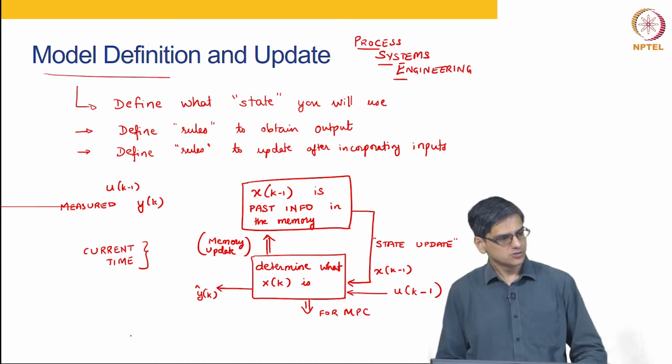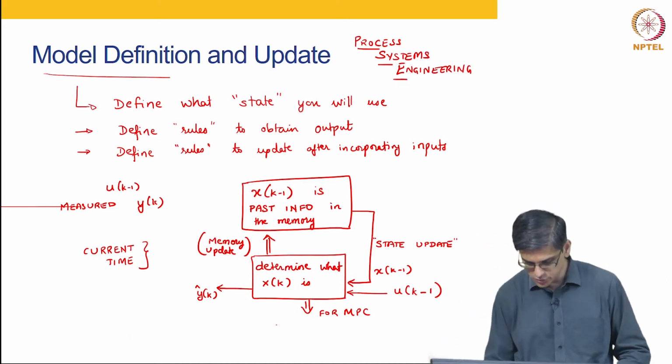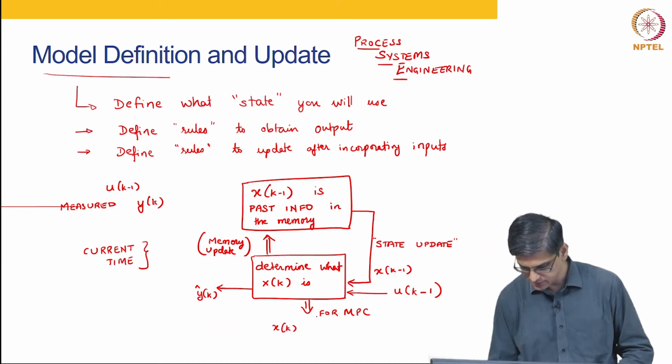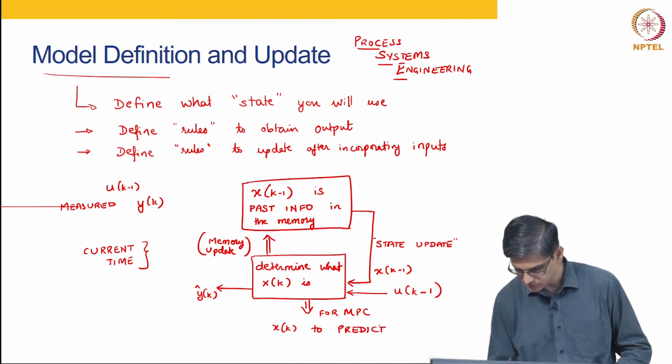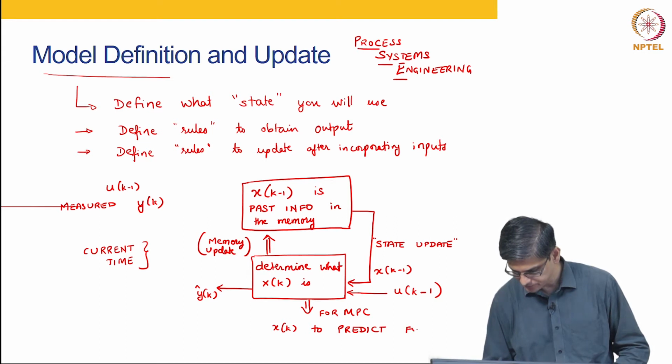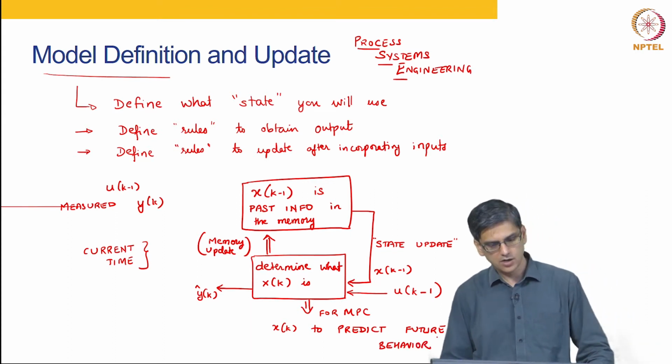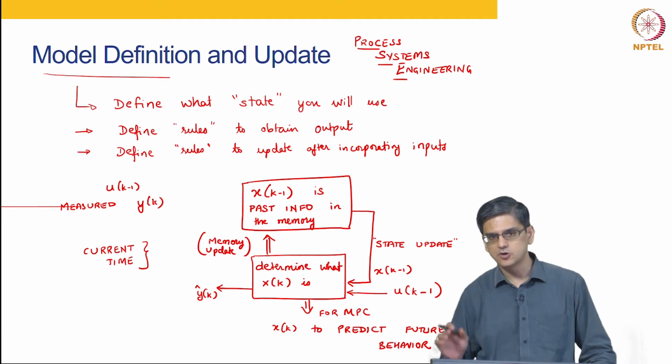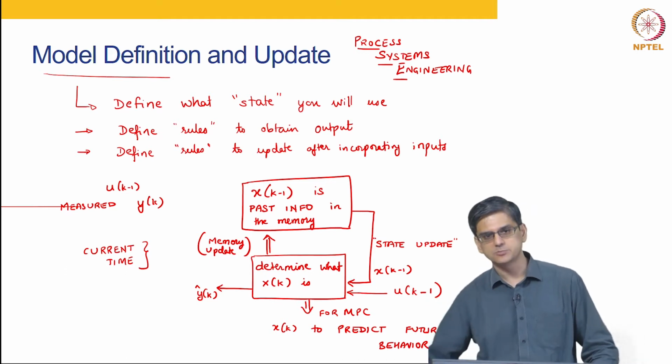How are we going to use this for MPC? We need to use xk to predict the future. And how to do that, we are going to talk about in next week's course.